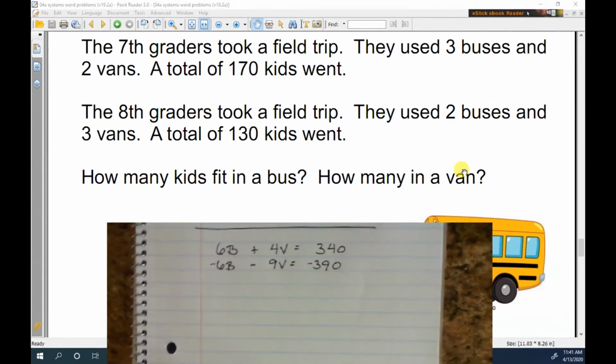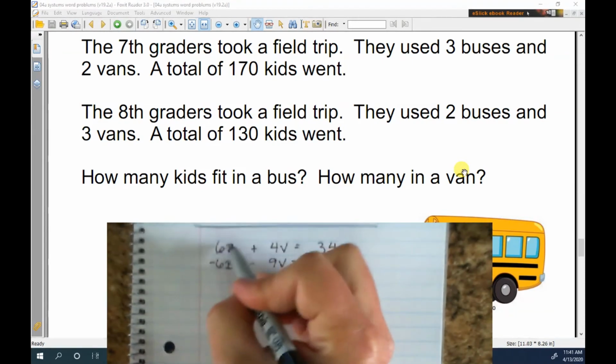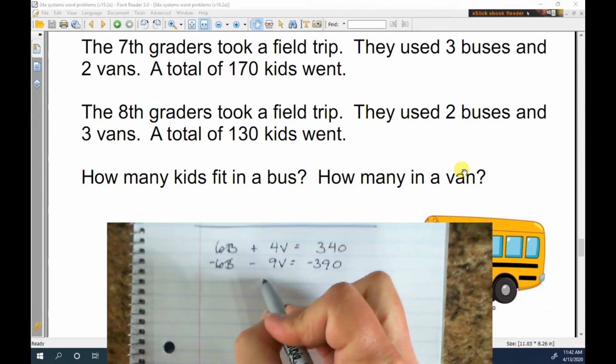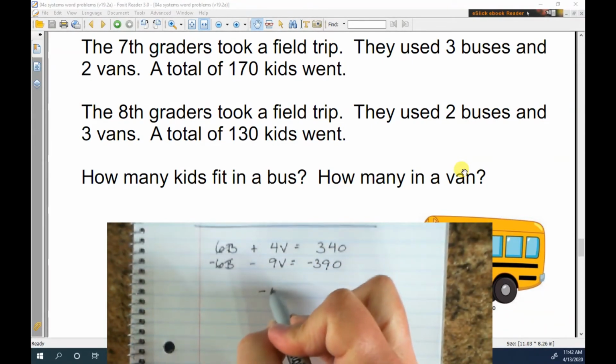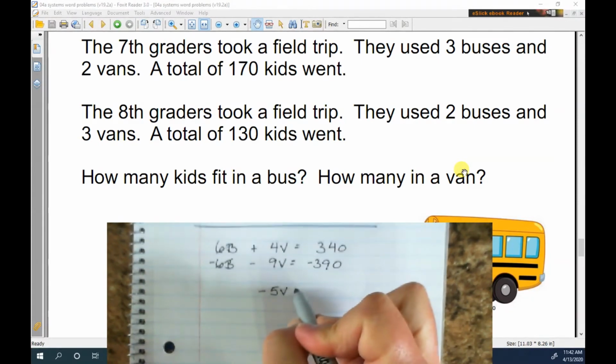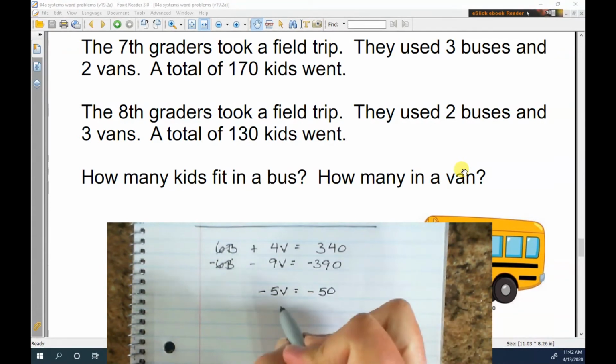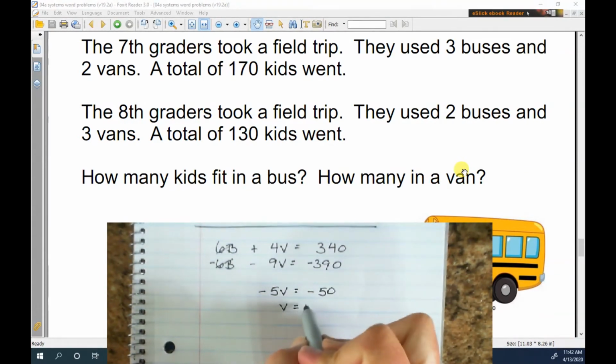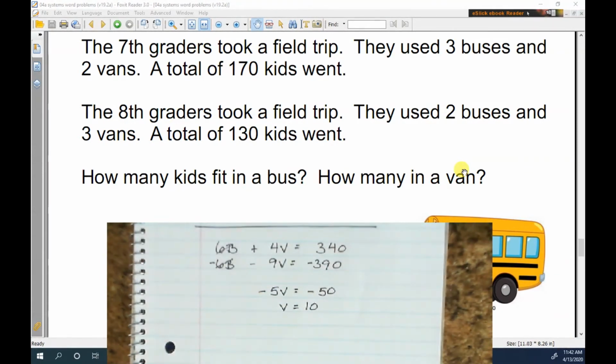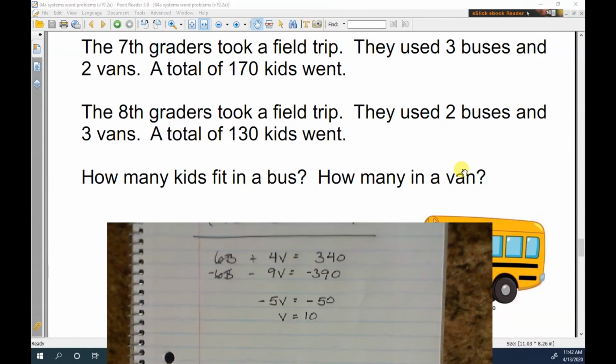If you're watching this live, let's stop right there, and why don't you try to solve it? So there are 10 kids in each van, but I still have to know how many kids are in buses.